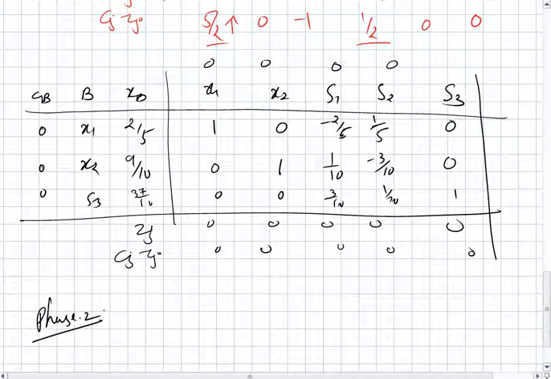In phase 2, first of all we have to copy the whole table except the coefficients. So we will copy that.